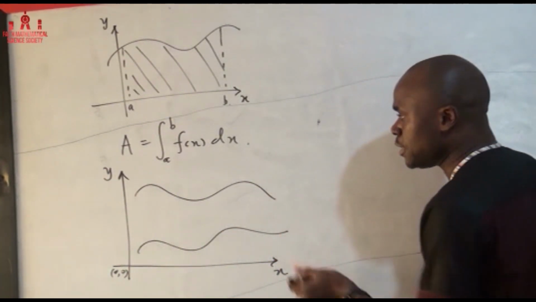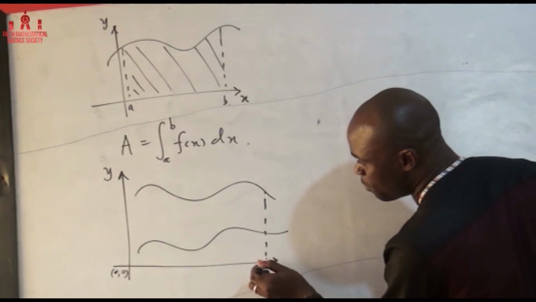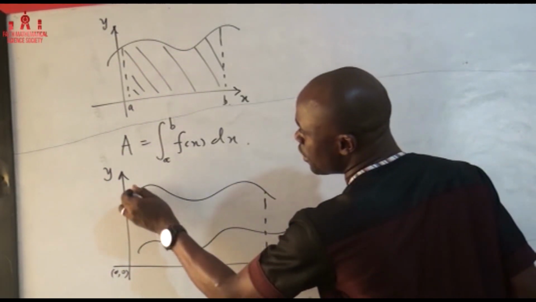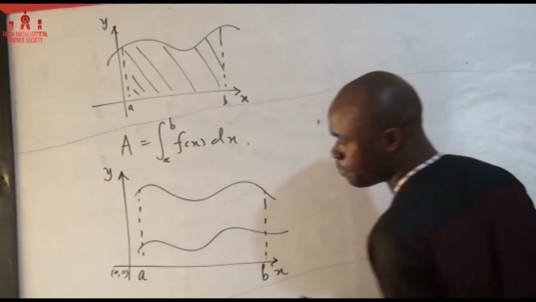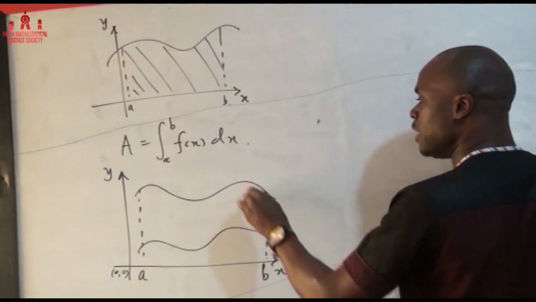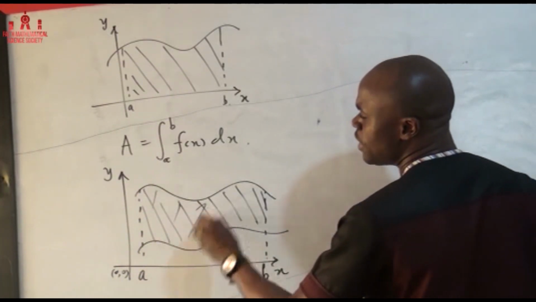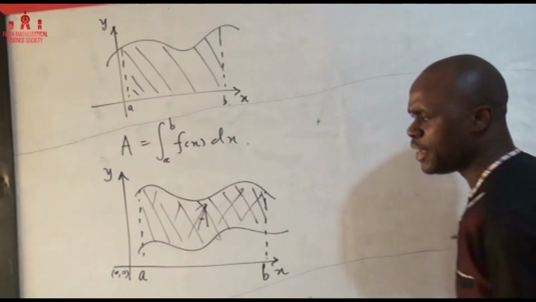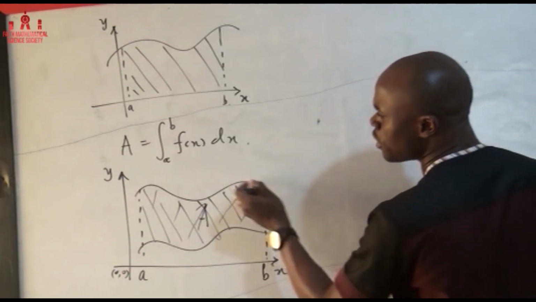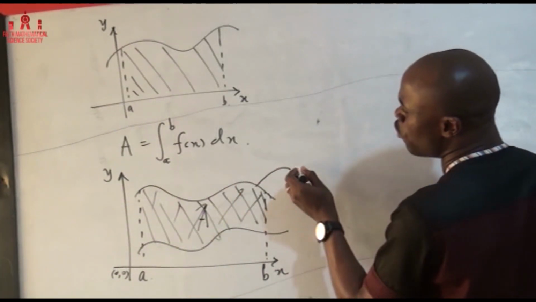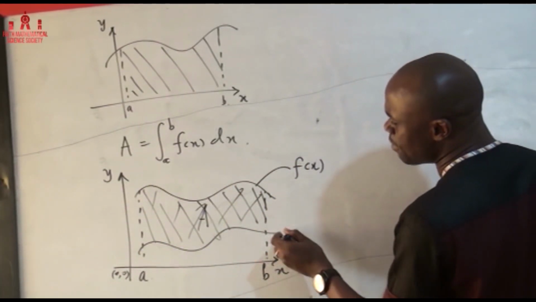It is very interesting that if I know the bound of this place, let's say this is B and this is the bound of this place, and let me call it A, I can find the area here of this strip or whatever shape you can think of. So I can find the area here. And how do I find the area of this point? All I need to know is, what is this curve here? This curve is actually f of x, and I ask myself, what is this curve here?